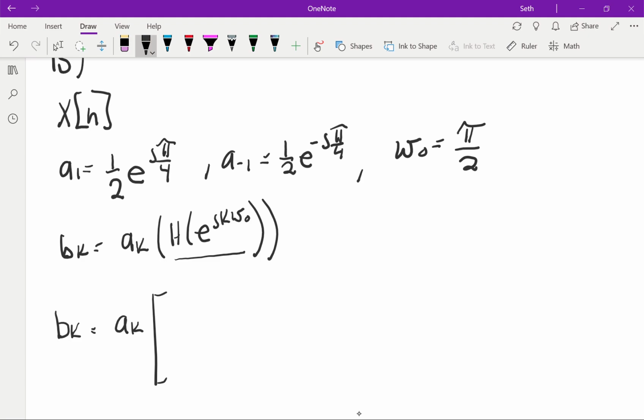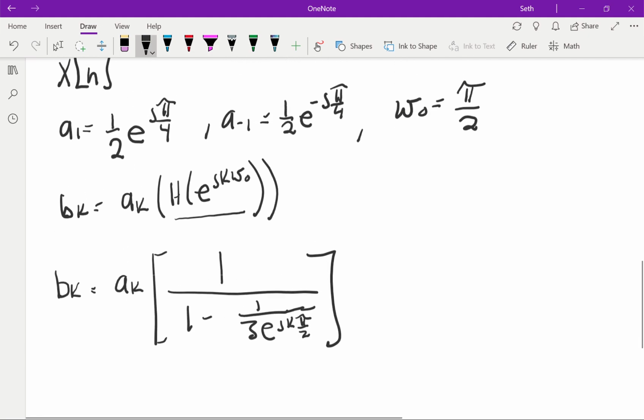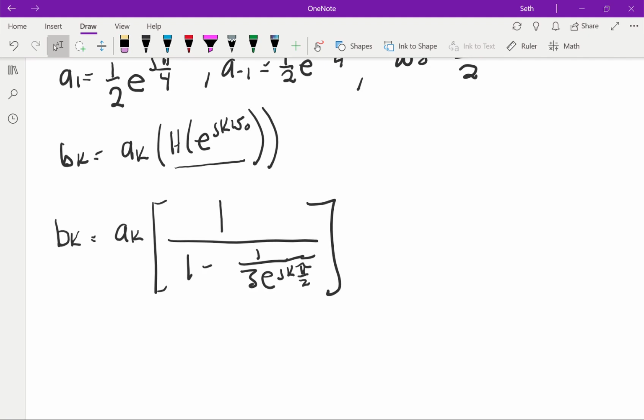So we can write this as b k equals a k times 1 over 1 minus 1/3 e to the minus j k pi over 2. Okay, so now we just have to plug in.